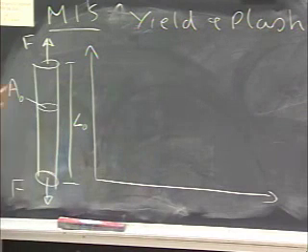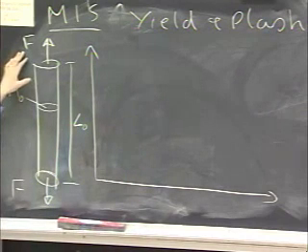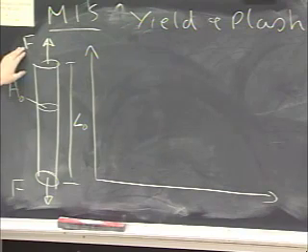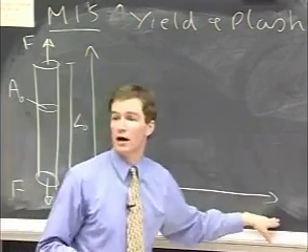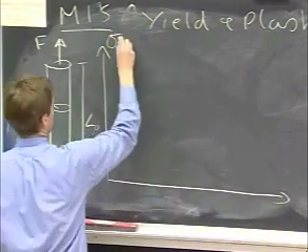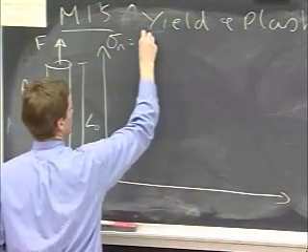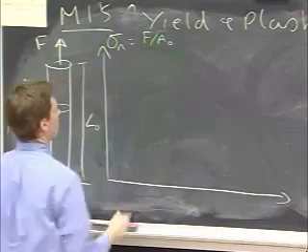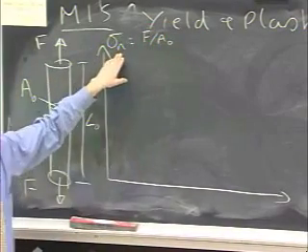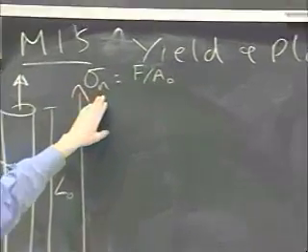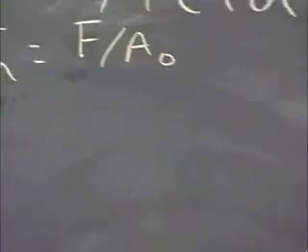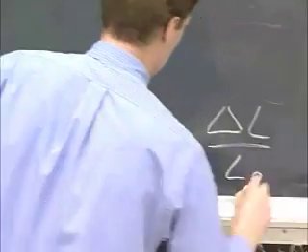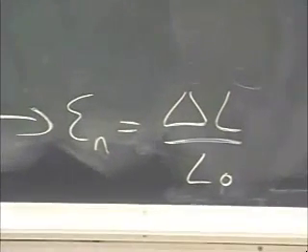That allows us, just as it always has, to define a stress, which is force over area, and some strain, which is delta L over L. I'm going to give these slightly different names. I'll call the stress sigma nominal, sigma n, force over area, and the strain is the change in length over the original length.